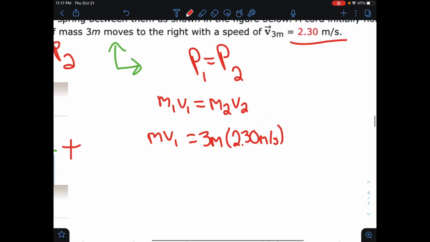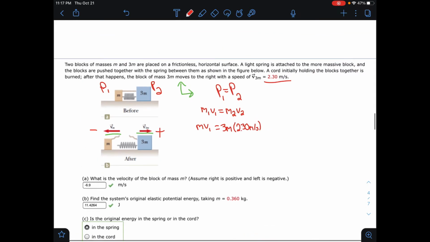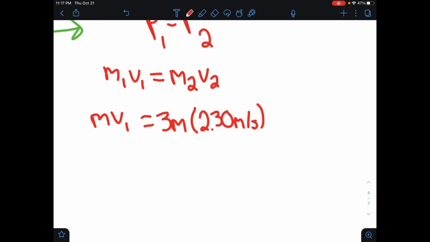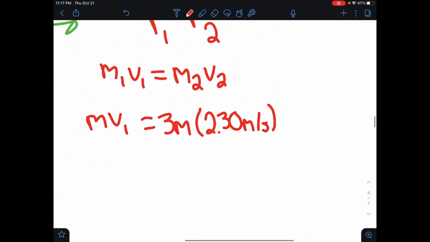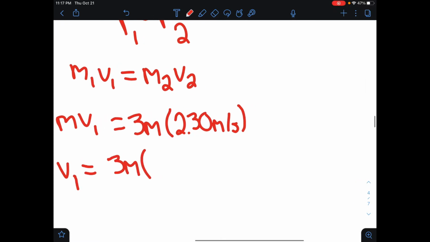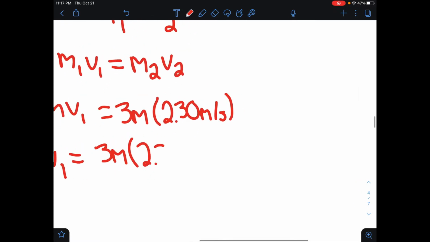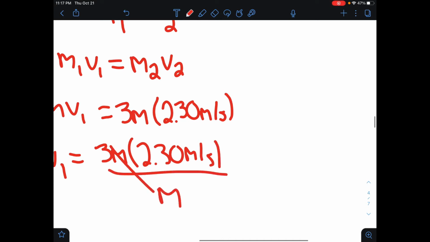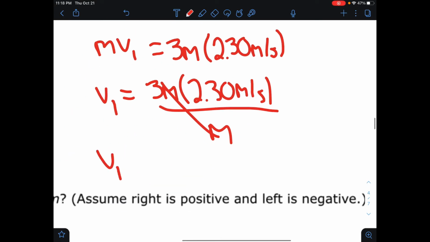We're solving for the velocity of the block of mass m. So v1 equals 3m times 2.3 meters per second over m. These cancel, so v1 equals 3 times 2.3, which is 6.9 meters per second.